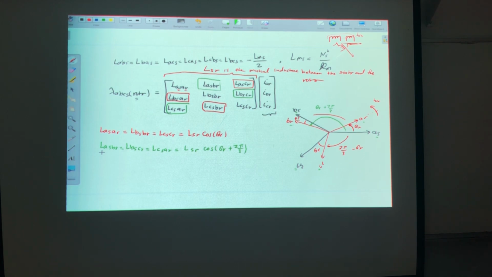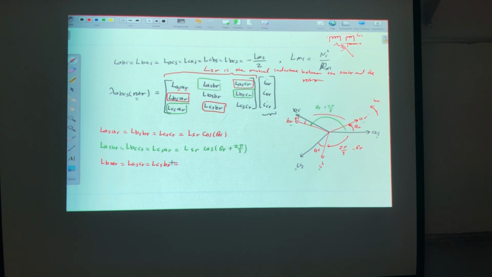L BS AR equal to L AS CR equal to L CS BR, and this equal to what, Joel?